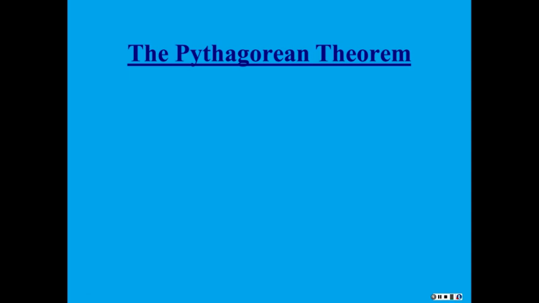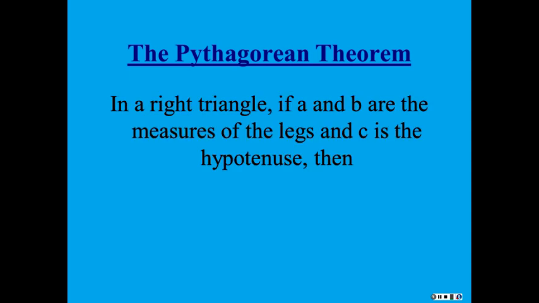No, it's not H. A squared, in a right triangle, if A and B are the measures of the legs and C is the hypotenuse, then A squared plus B squared equals C squared.